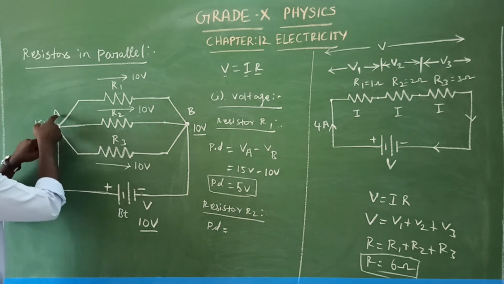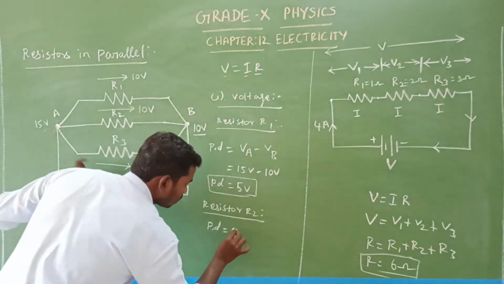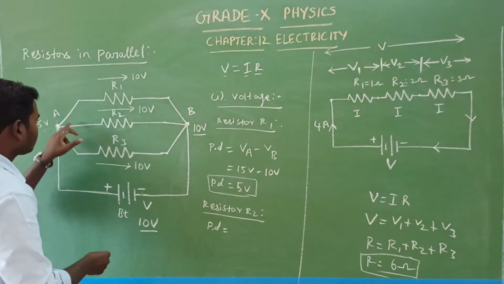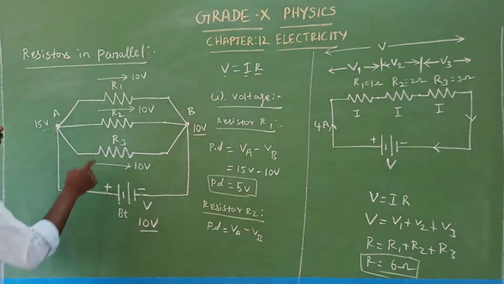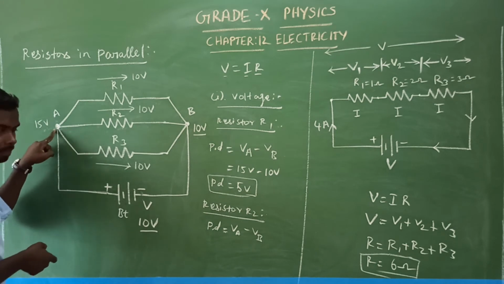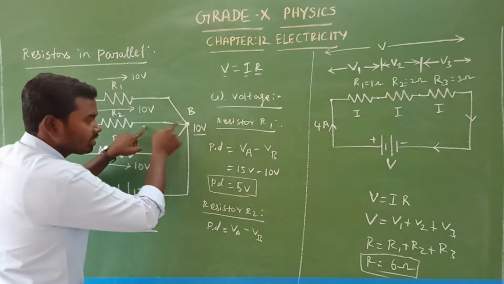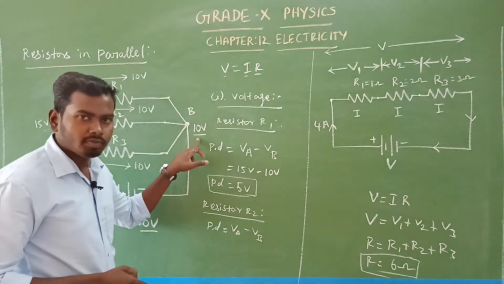The same, 15 volt. So here also, potential difference means VA minus VB, because one end of the resistor R2 is connected to the point A and the other end is connected to the point B. At point A, the potential is 15 volt. At point B, the potential is 10 volt.